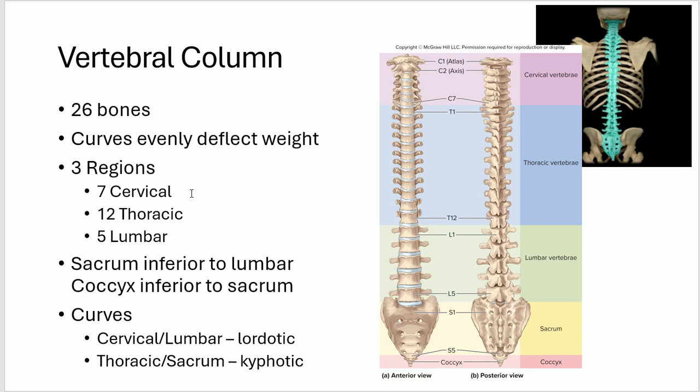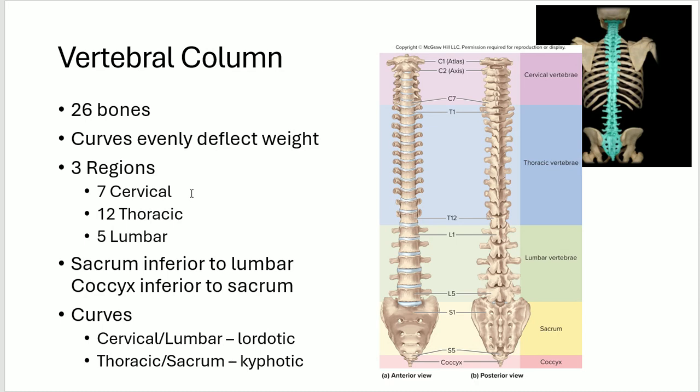So 7, 12, 5, 5, 3. I said that a few times. You should probably write it down, okay? Because you are going to be asked this. Top down, 7 cervical, 12 thoracic, 5 lumbar, 5 sacral, 3 coccygeal, coccyx region.